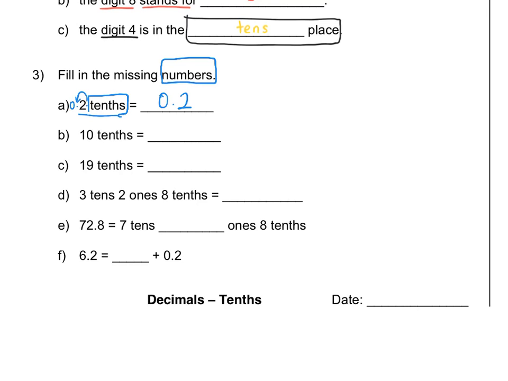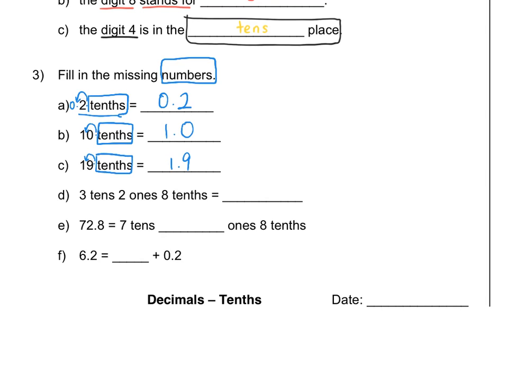Part B, 10/10. Same thing, we see the place value of tenths. We shift the decimal point forward by one decimal place, we get 1.0. Part C, 19/10. Same thing, we see the tenths place value. We shift the decimal point one decimal place forward, we get 1.9.